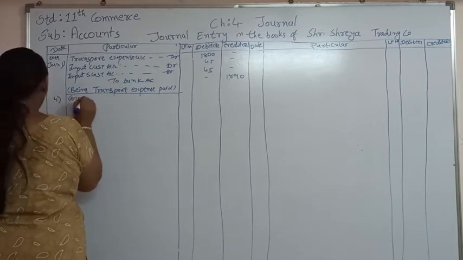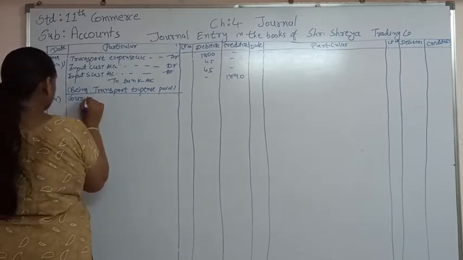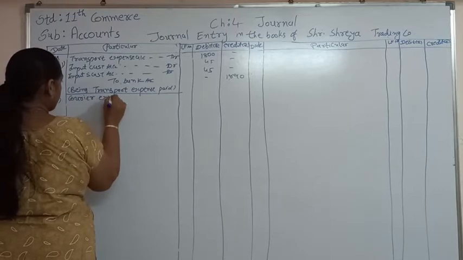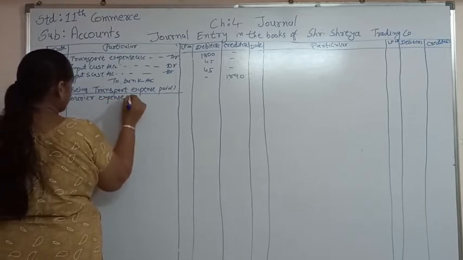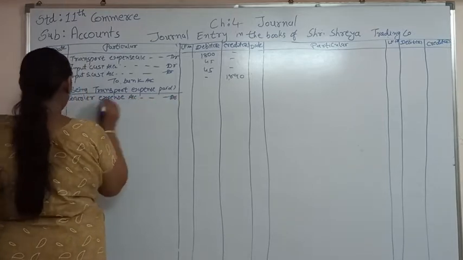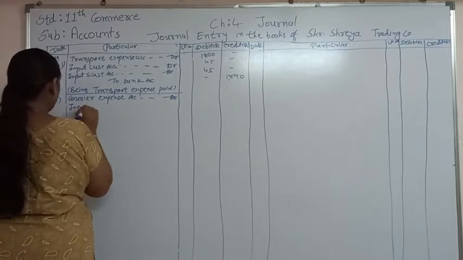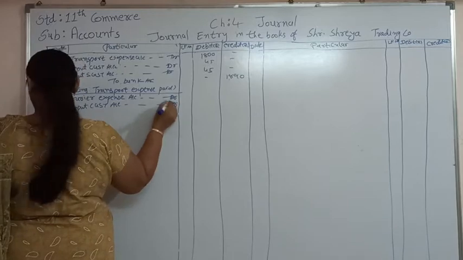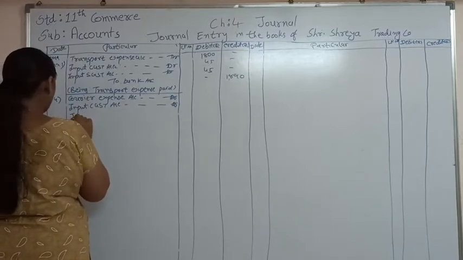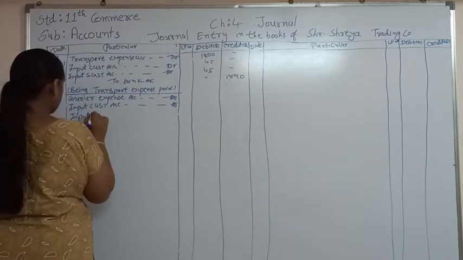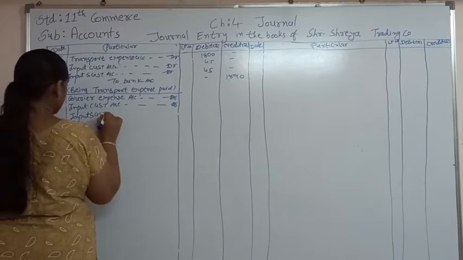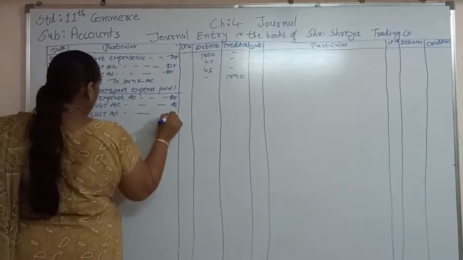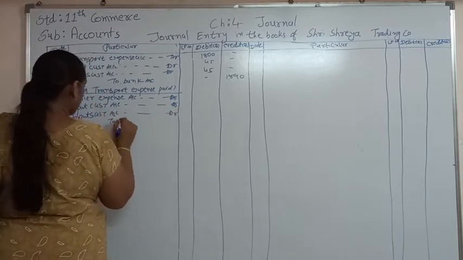Courier expense account, input CGST account debit, input SGST account debit to bank account.